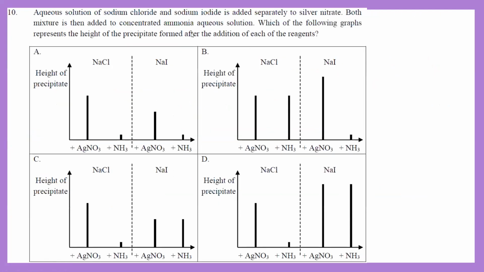An aqueous solution of sodium chloride and sodium iodide is added to silver nitrate. The mixture is then added to concentrated ammonia. Which of the following graphs represents the height of the precipitate formed after the addition of each of the reagents?